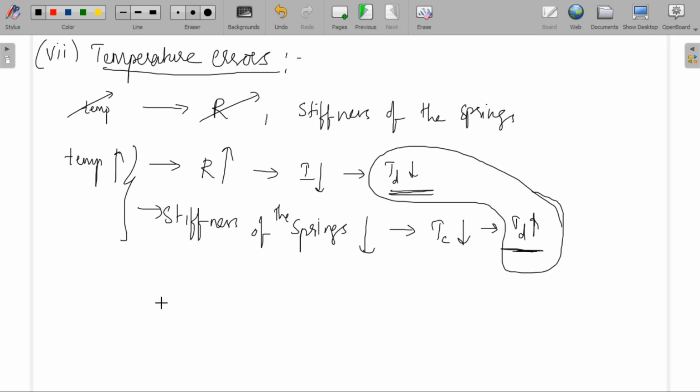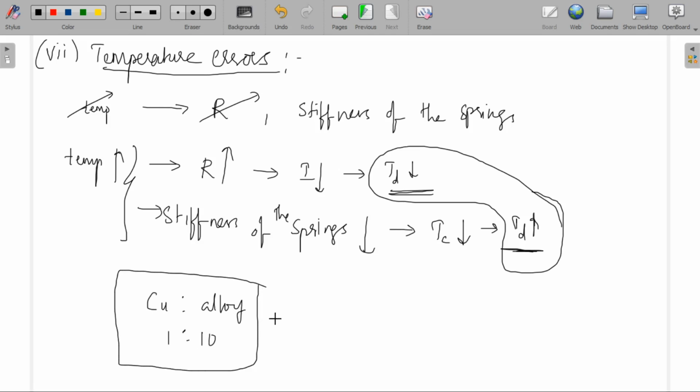If I add an alloy to the pressure coil circuit, by maintaining the ratio of copper to that alloy as 1:10. Okay, in pressure coil circuit, the ratio of copper to alloy is 1:10.